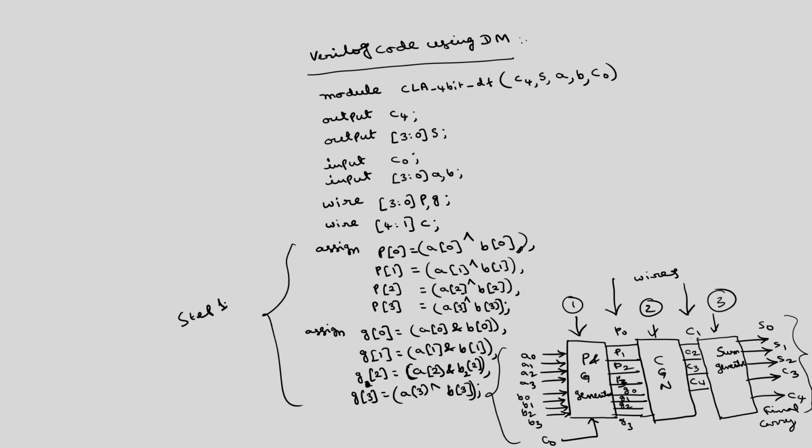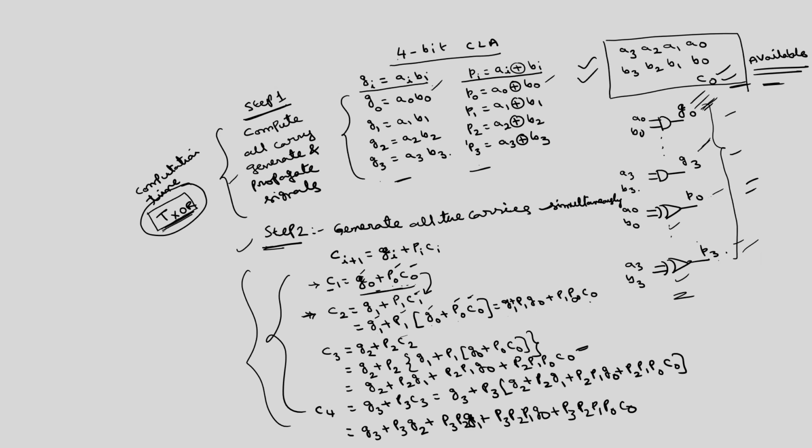In step 2 we have to use the carry generation circuit. Okay. Assign C1 is equal to, what is the expression for C1? C1 is G0 plus P0 C0.